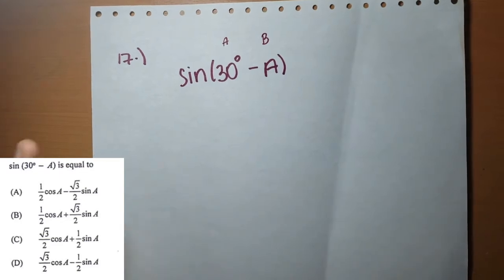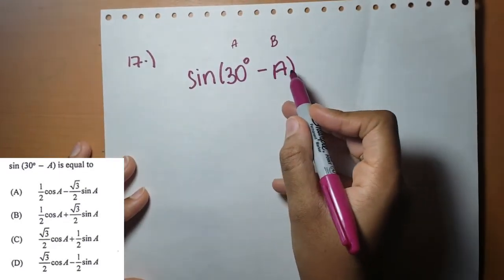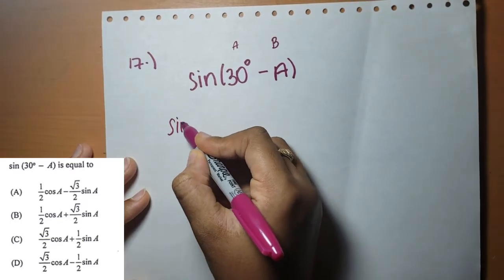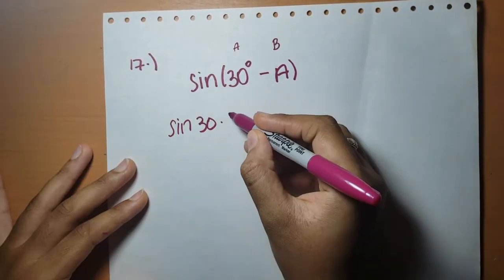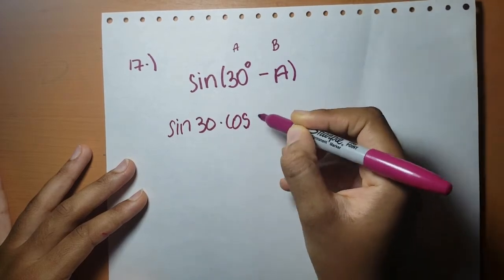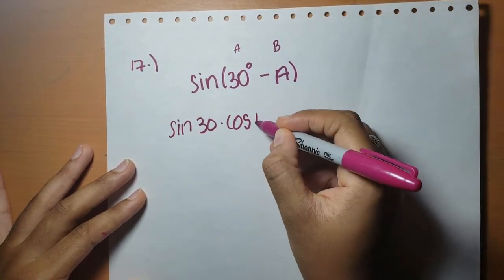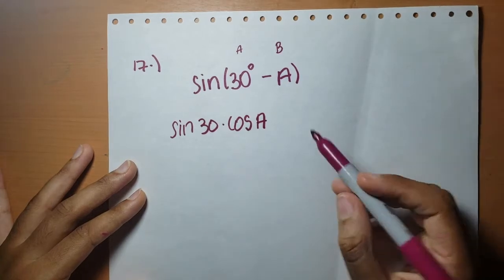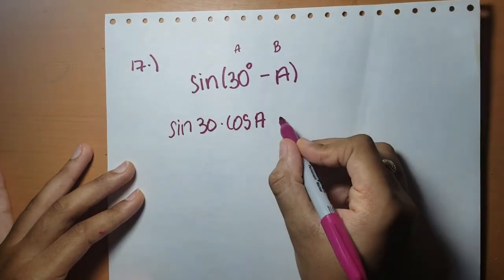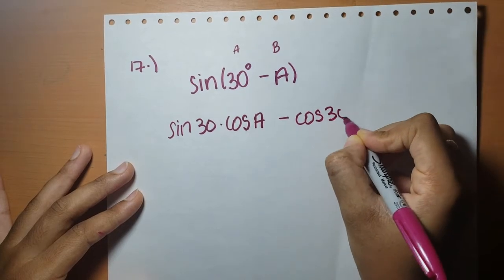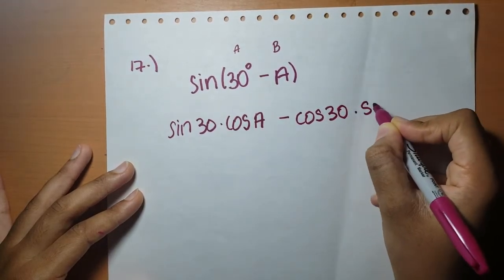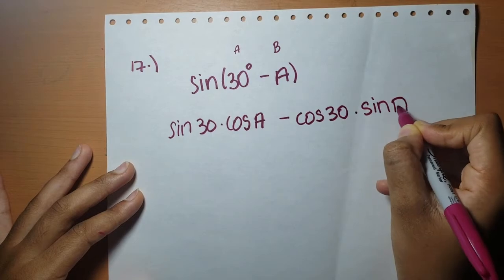So it's weird calling a b, but we're just going to call it b for this. So sine a plus b is equal to sine a, so what is a? 30. cos b, so b is this. I will keep the sign, minus cos a sine b.